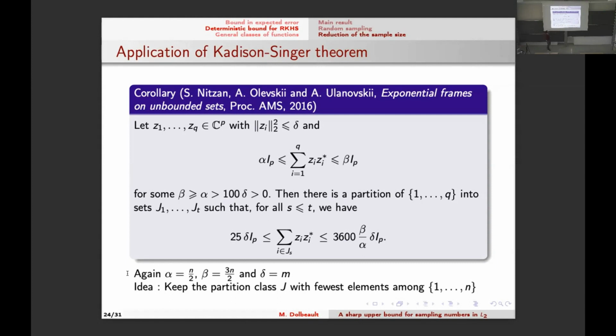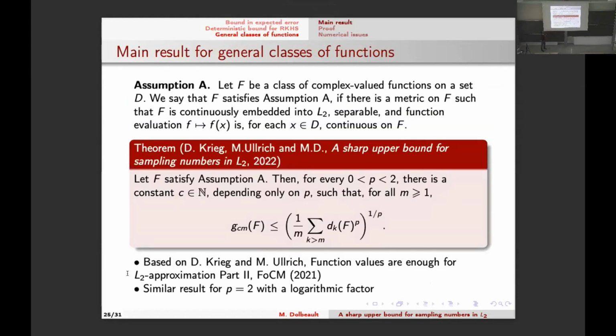And this gives me partition classes J1 to JT. And I keep the one which has the fewest true sample points. I added artificial sample points which did not have a meaning, but I want the smallest number of true sample points, which is the one that will appear in the end.